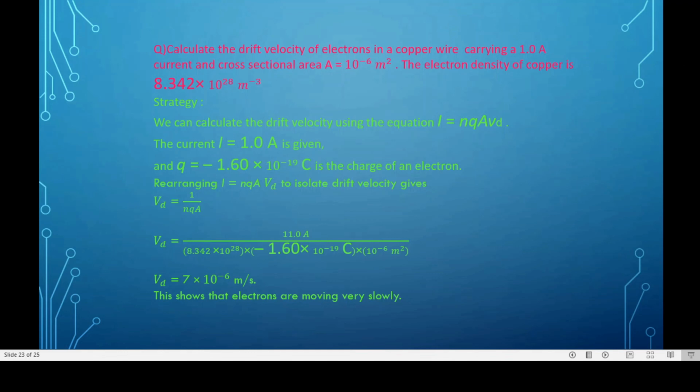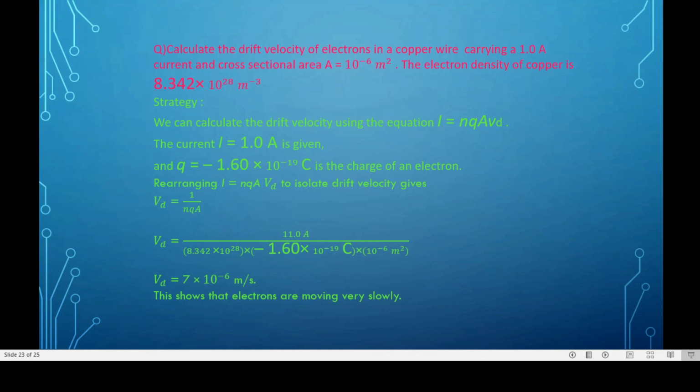We know that by the drift velocity of electrons, the current I is equal to nqA times Vd. The current I equal to 1 ampere is given. q equal to minus 1.60 into 10 power minus 19 coulombs is the charge of an electron.